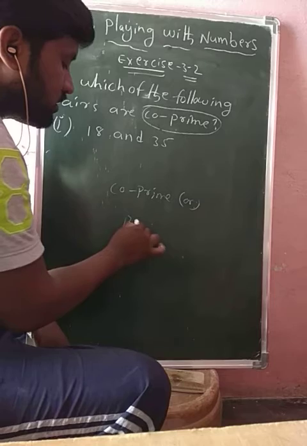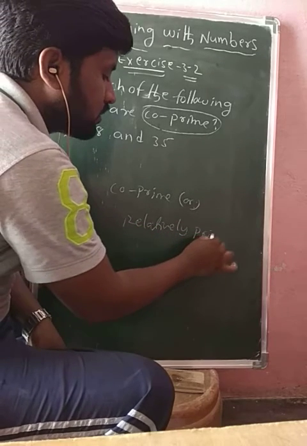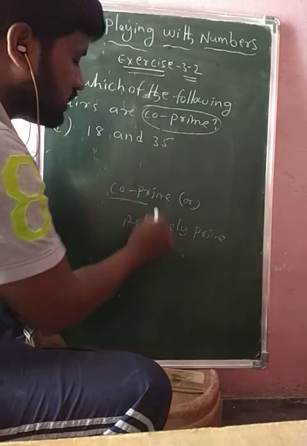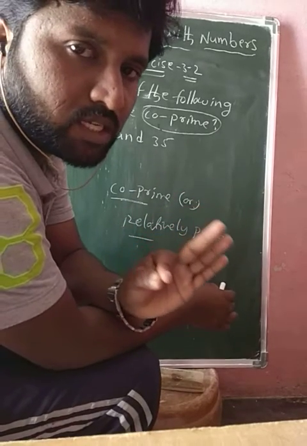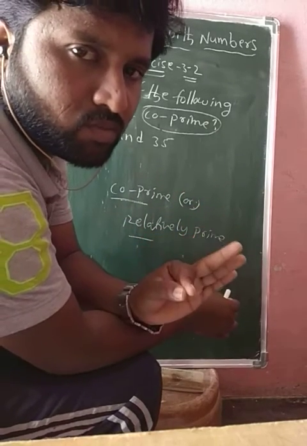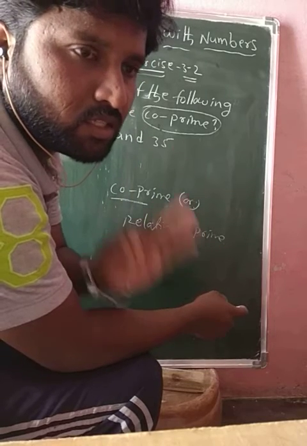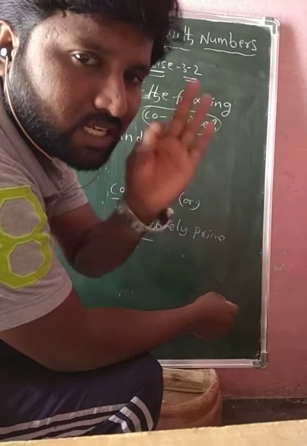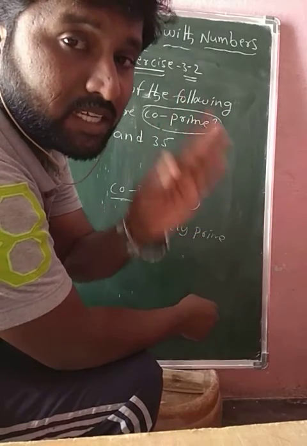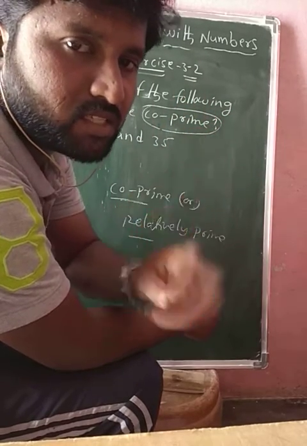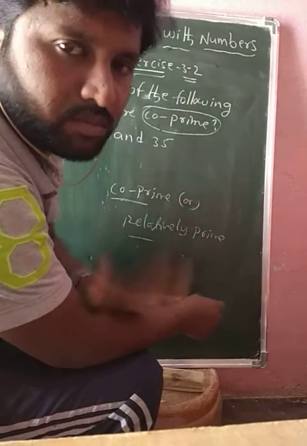It means the HCF, the highest common factor, of the two numbers is 1. The numbers having their highest common factor HCF as 1 are called coprimes.